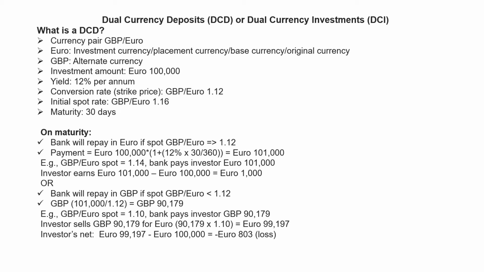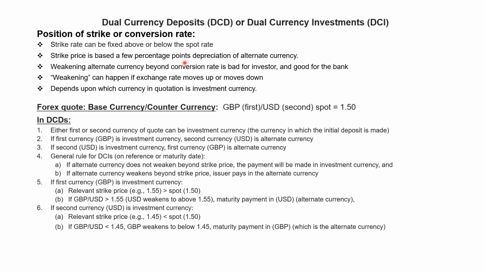Note that the strike price can be fixed above or below the spot rate depending upon certain conditions. In this context, let's understand how the conversion rate is positioned while creating a dual currency deposit. Note that the investor expects the investment currency to depreciate so that he receives the maturity amount in the investment currency.